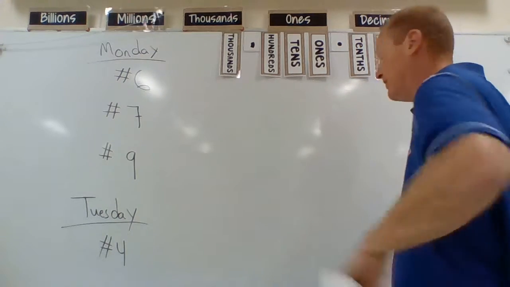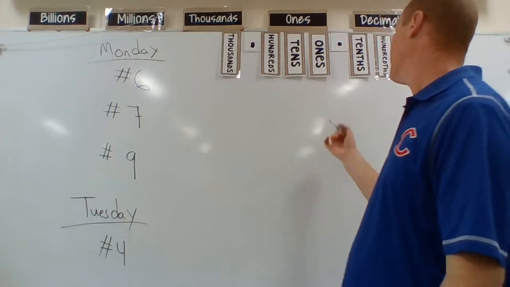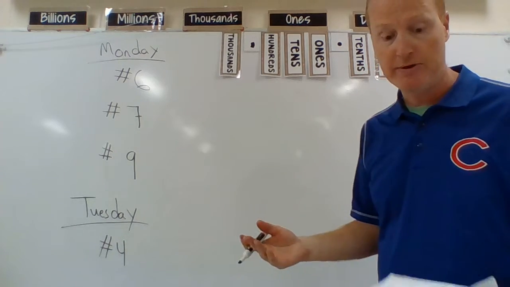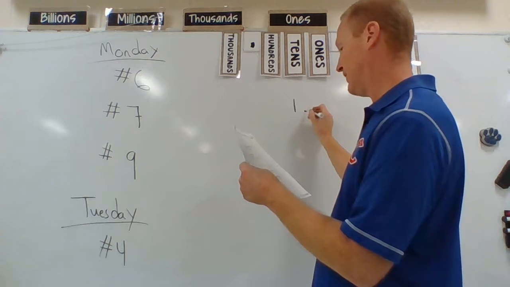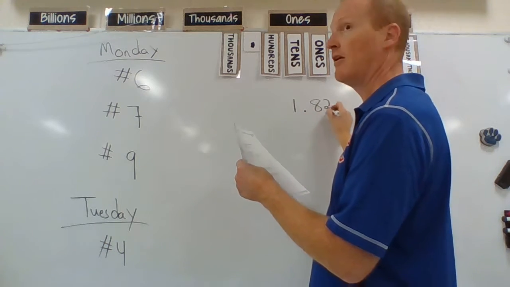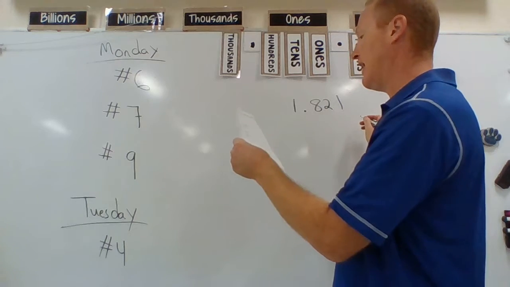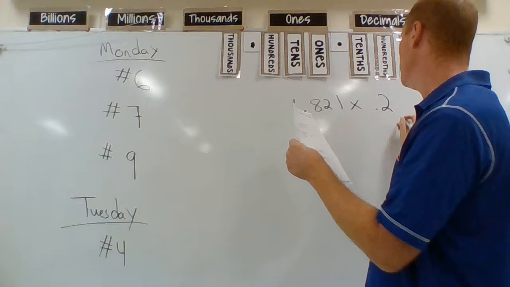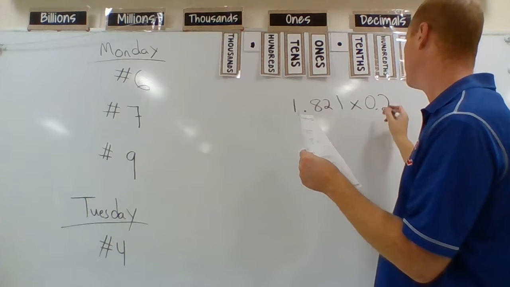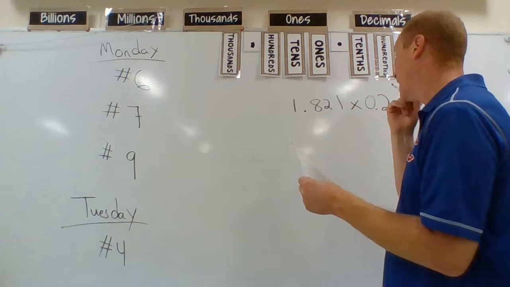Number 7 says estimate the answer. Estimating the answer means to round the answer. The problem that we have is 1.821 times 0.2, or 0 and 2/10, same number.